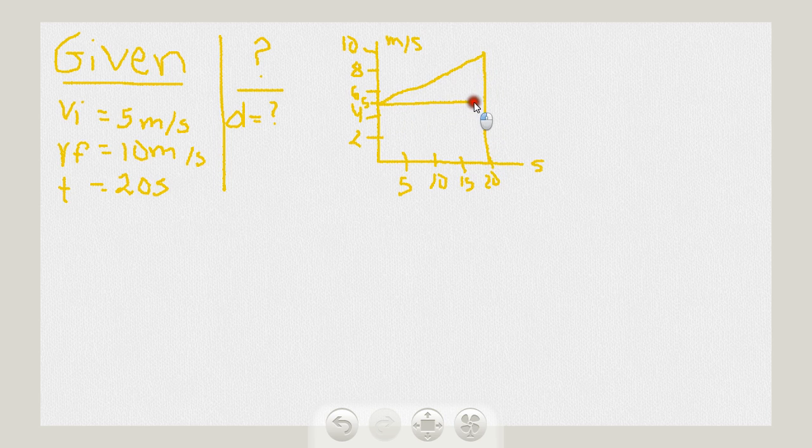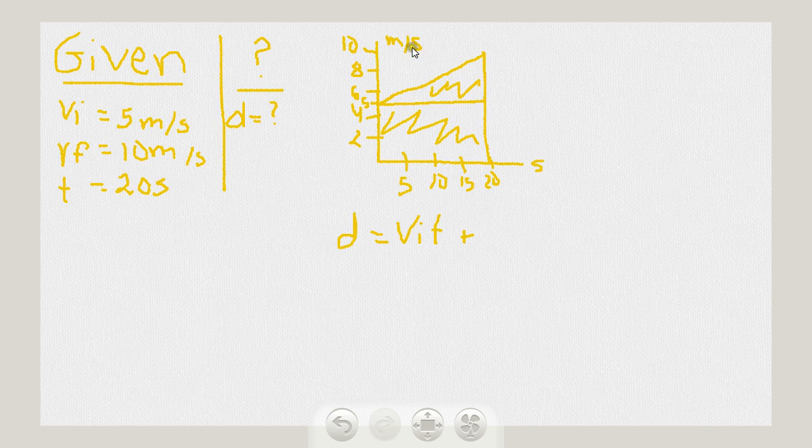So we have our graph like this, and we want to know this area plus this area. So the distance is equal to, what's this area? Initial velocity multiplied by the time, plus this area, that's a half. Remember the formula for the triangle, it's a half multiplied by its base multiplied by its height.